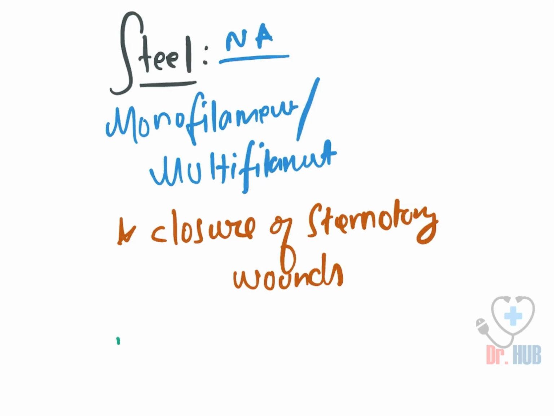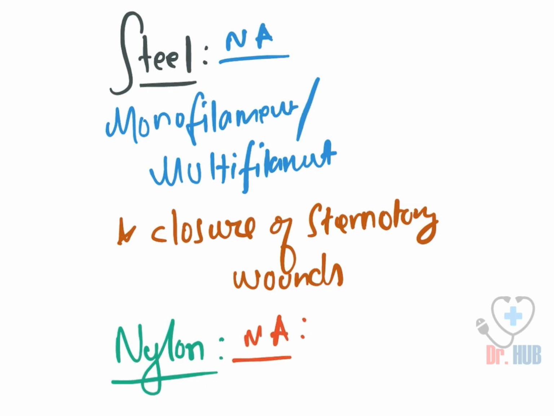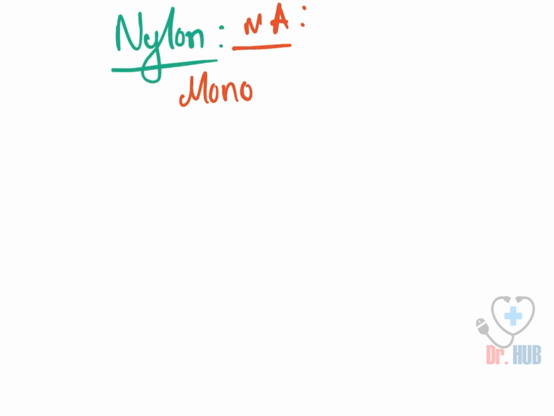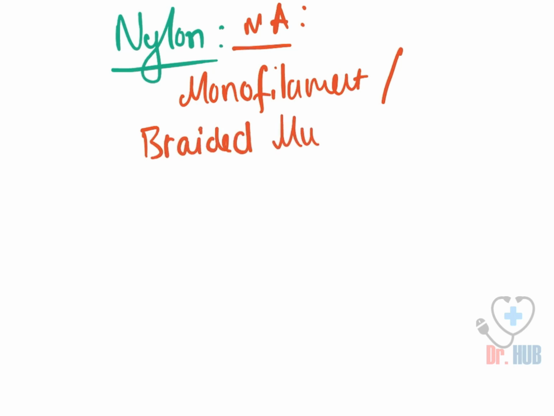Next, we move on to the nylon. What is nylon? Nylon is, again, non-absorbable. It is a monofilament as well as a braided multifilament. And where is the nylon used?